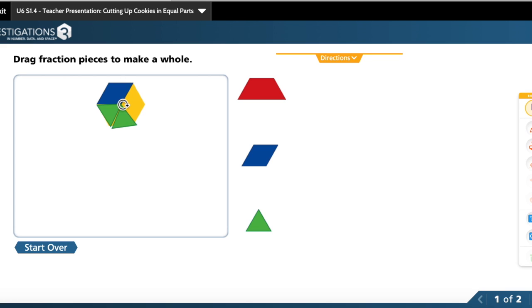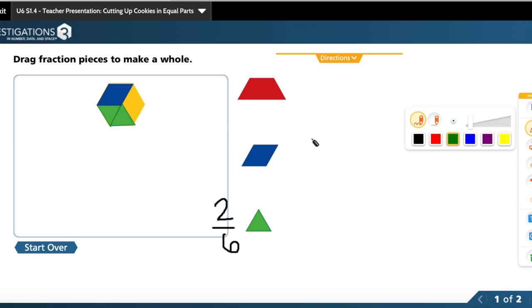So I see here that my 2 triangles, so my fraction would be, because remember it needs 6 to fill up my hexagon, so 2 triangles are equal to 1 rhombus. And I could double check that by seeing if they line up perfectly with each other. And they do.